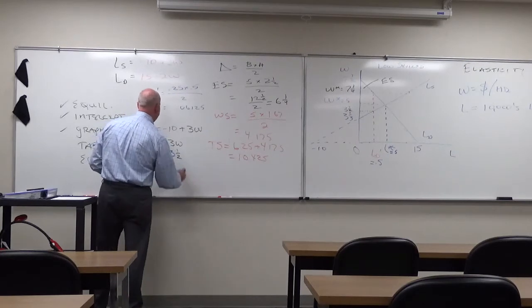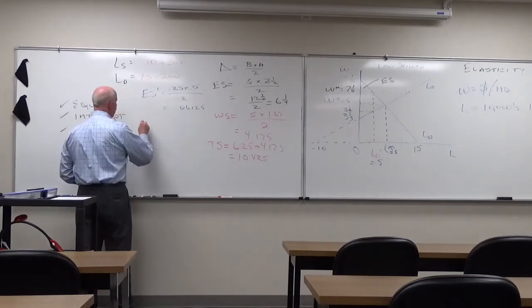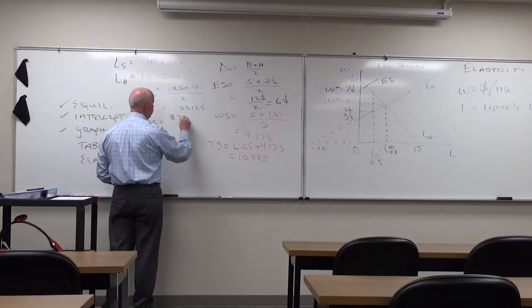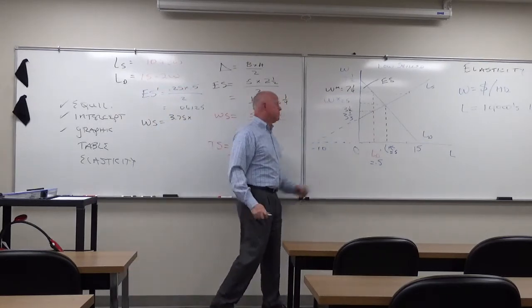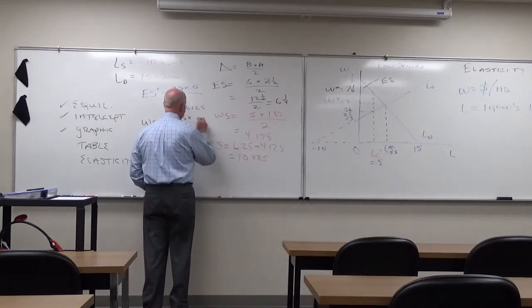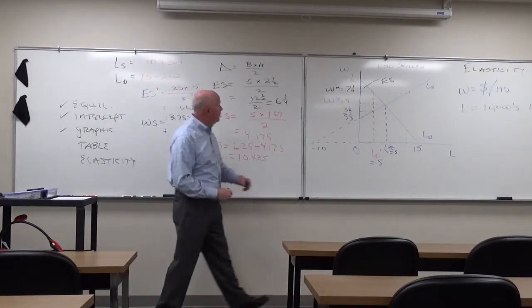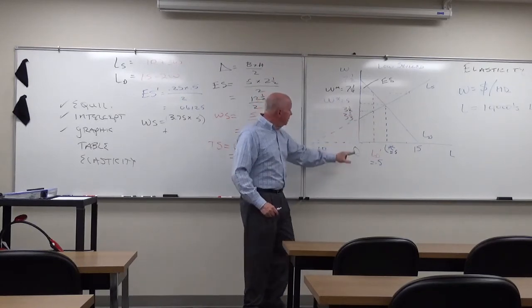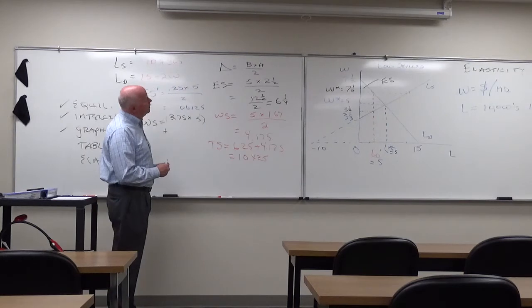So remove this. Worker surplus is going to be equal to 3.75 times, well, that's still 0.5, times 0.5, and then plus this tiny difference in the height of this triangle times its base. So that tiny difference is, I believe, 1/6.